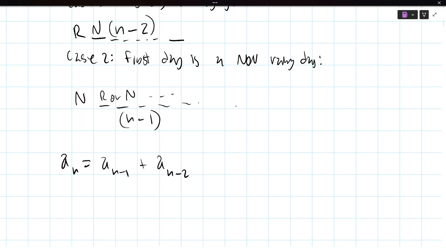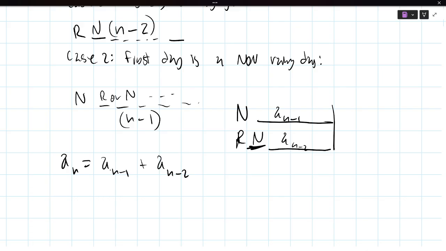So for instance, if I have N, here I can have a_(n-1). If I have R, I know my second place must necessarily be N, because if it wasn't, then we would have a consecutive rainy day and therefore be going against the rule we set out. And here we would have n minus 2 spaces left, where we can put an a_(n-2) valid sequence.